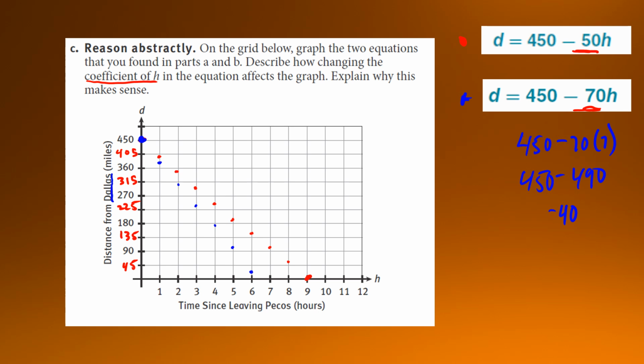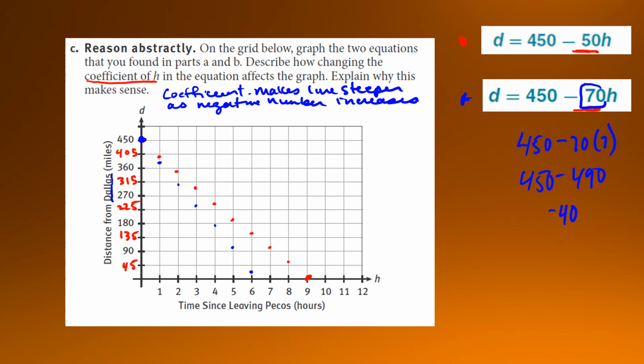So describe how changing the coefficient of h affects the graph. So the coefficient makes the line steeper as the negative number increases, meaning the number itself isn't increasing, but the negative, the 70 part of it, so it's more negative, so it's getting more steeply going down.